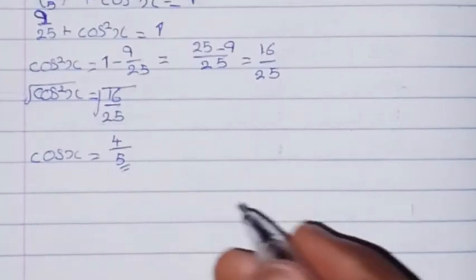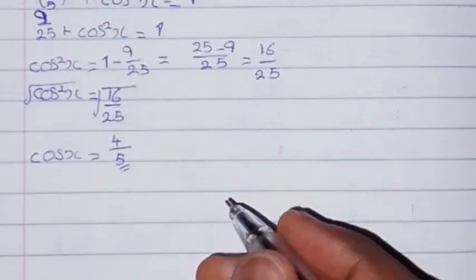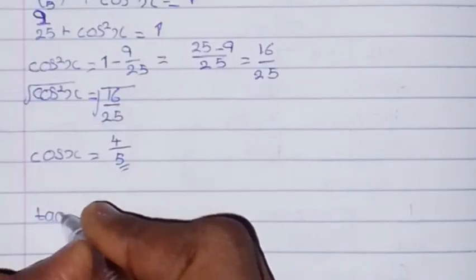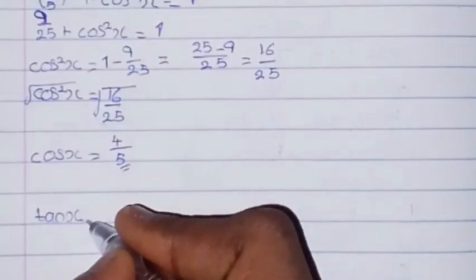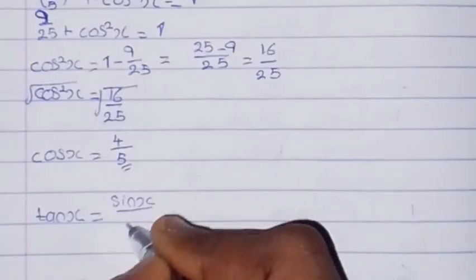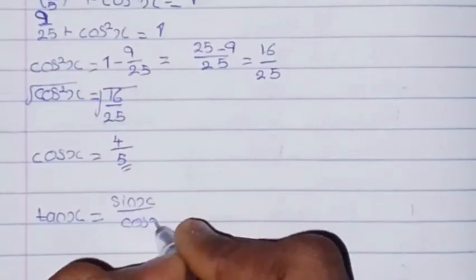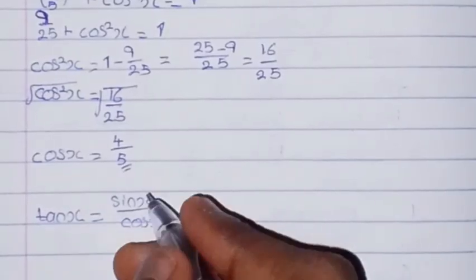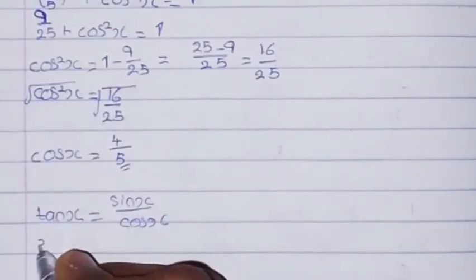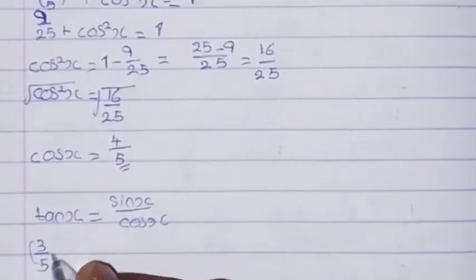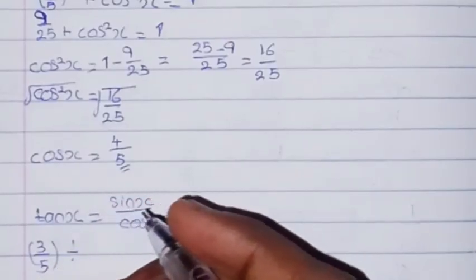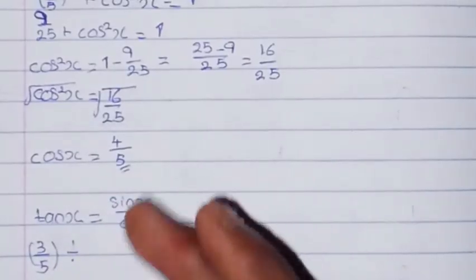For the next one, we have tan x. So remember we said that tan theta, and in this case it is x, is sine x divided by cos x. They say we should find tan x. Sine x is 3 over 5, divided by cos x, which gave us 4 over 5.